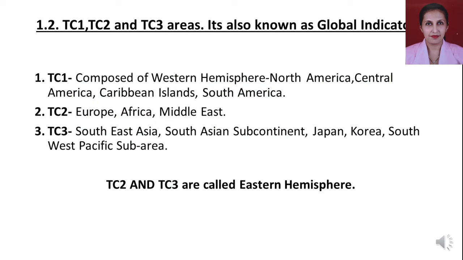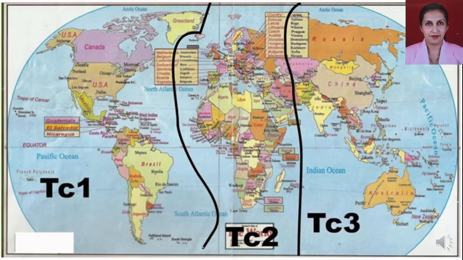So now we'll go to TC2. What is TC2 and what are the countries that are involved in it? TC2 involves Europe, Africa, Middle East, as we can see here. Europe, in general terms, the Europe continent is this entire upper continent.